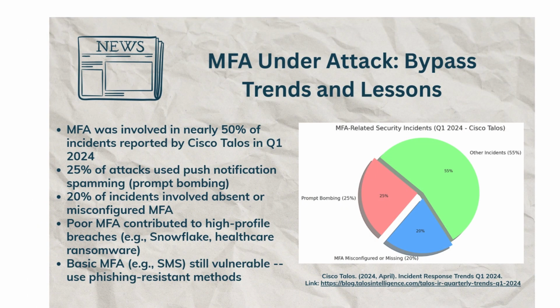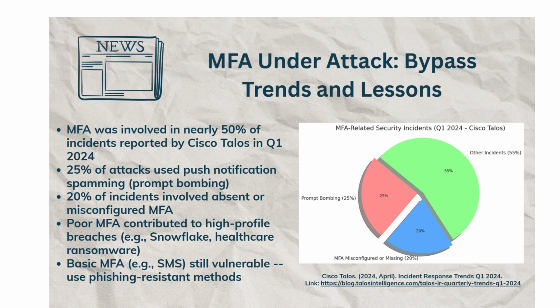Multi-factor authentication is a powerful security tool, but it's not bulletproof. Cisco's Talos team found that MFA was a factor in nearly half of all the incidents they investigated in early 2024. In about a quarter of those cases, attackers used prompt bombing, flooding users with fake push notifications, hoping they'd approve one out of habit or confusion.